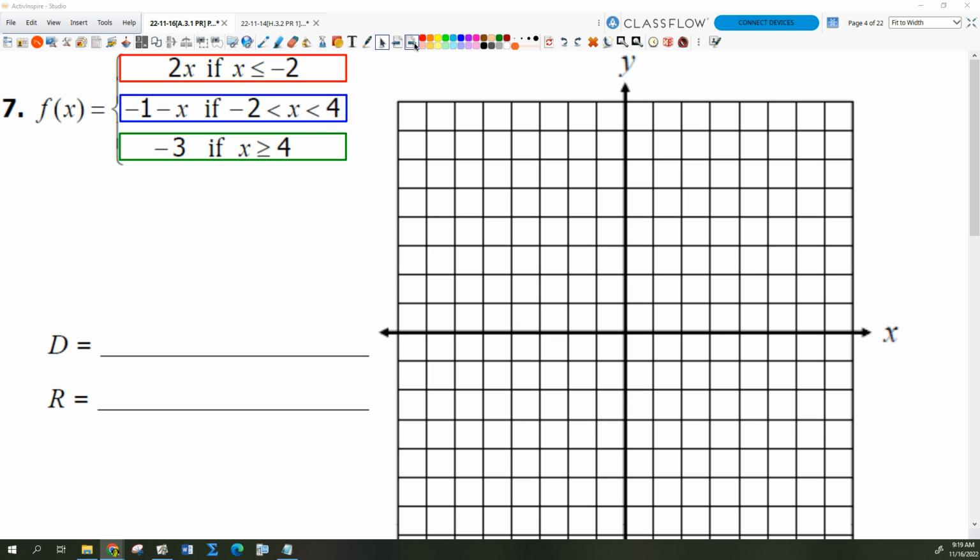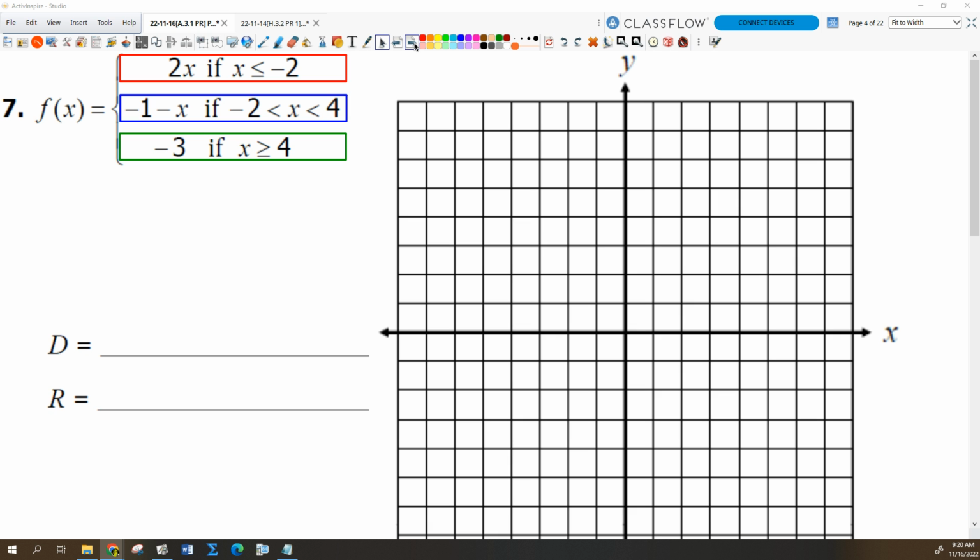Where is it graphed? So what does this say then? f of x is equal to 2x, so we're graphing y equals 2x whenever x is less than or equal to negative 2. So from all the way from negative infinity up to x equals negative 2, an ant would be walking on that red line.